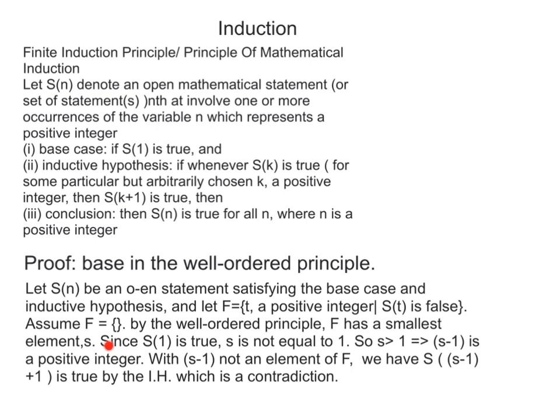Since S of 1 is true, because the base case is true, s is not equal to 1, so s is some number greater than 1, which implies s minus 1 is a positive integer. With s minus 1 not an element of F, we have S of s minus 1 plus 1 is true by the inductive hypothesis, which is a contradiction since s minus 1 plus 1 is s, but s is supposed to be the smallest element where S of t is false.